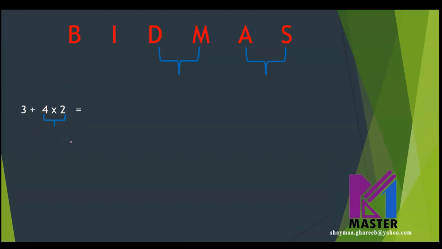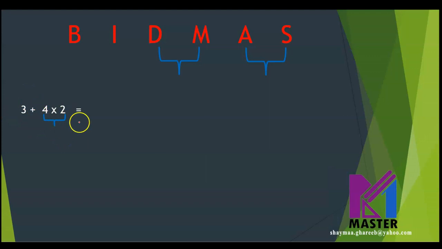And please pay attention to this point. When I say I should start with it, it does not mean that you have to write the answer at the beginning. No, I keep the numbers in their positions.